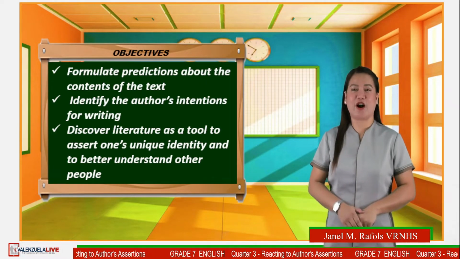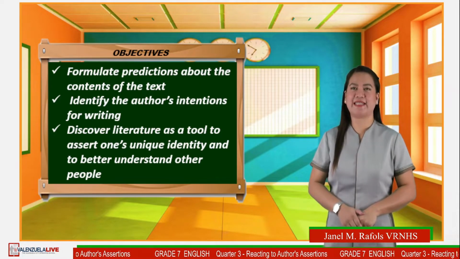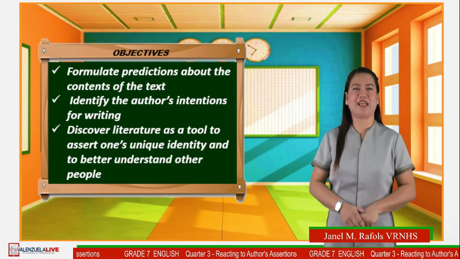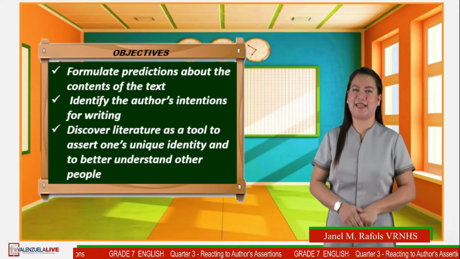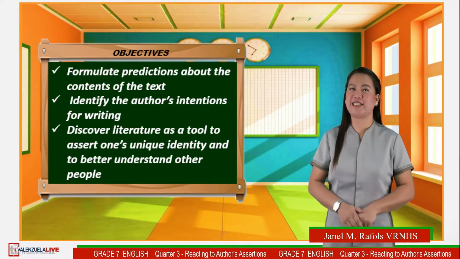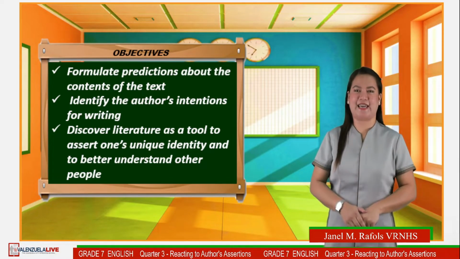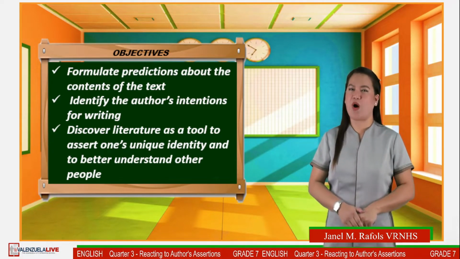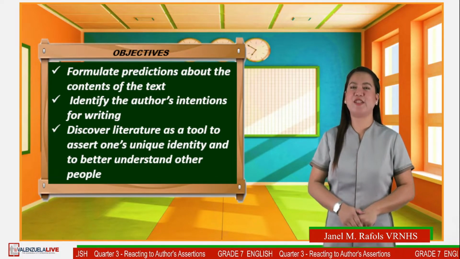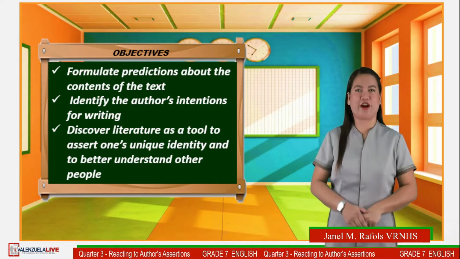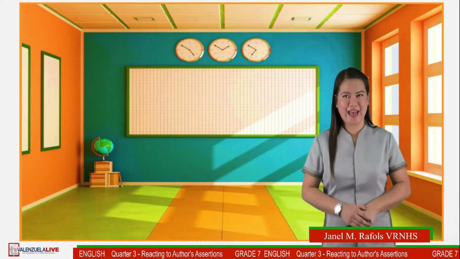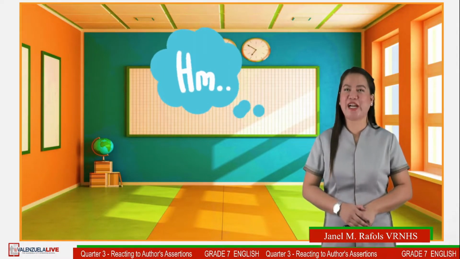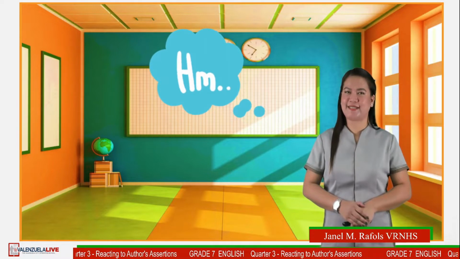At the end of our discussion, you are expected to formulate predictions about the contents of the text, identify the author's intentions for writing, and discover literature as a tool to assert one's unique identity and to better understand other people.